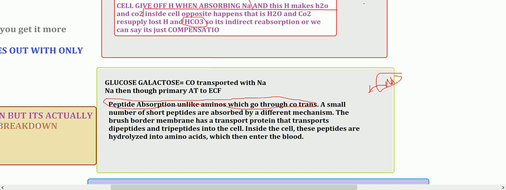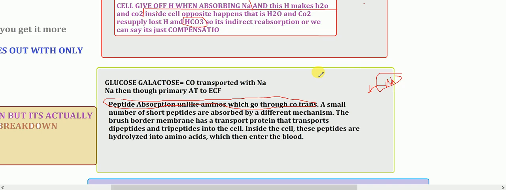It is actually through its own carriers on the brush borders. Sorry for the ugly writing. So the peptide transport is not co-transport.